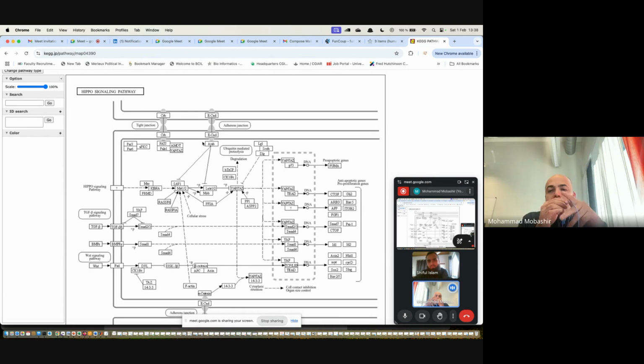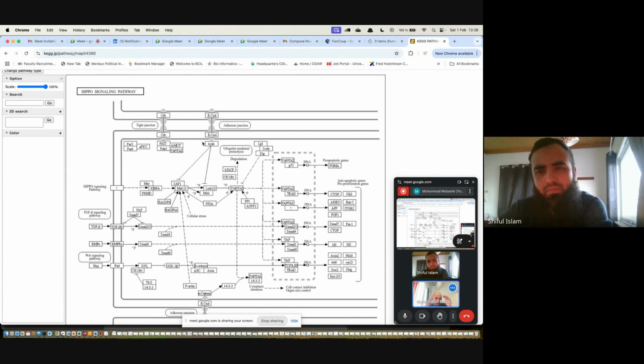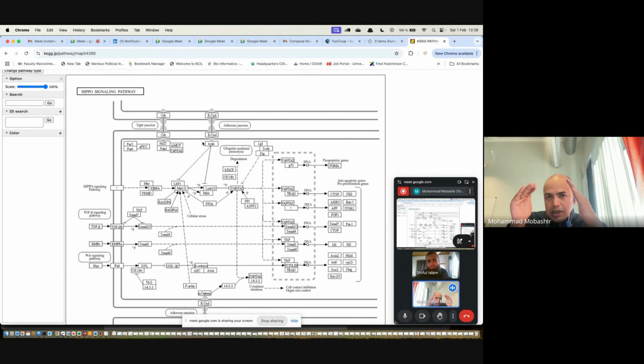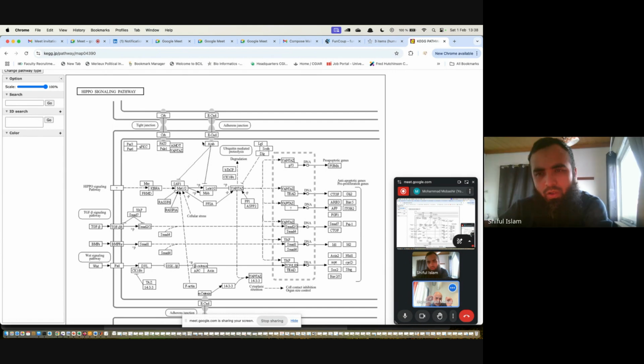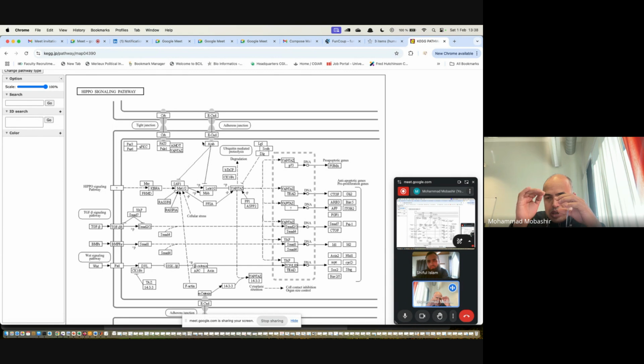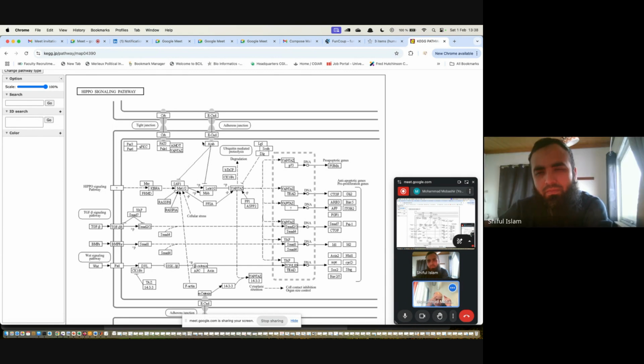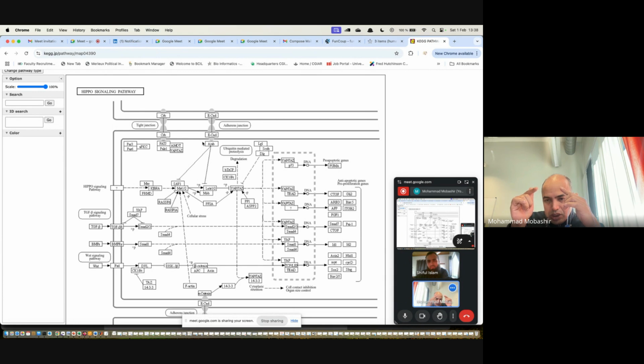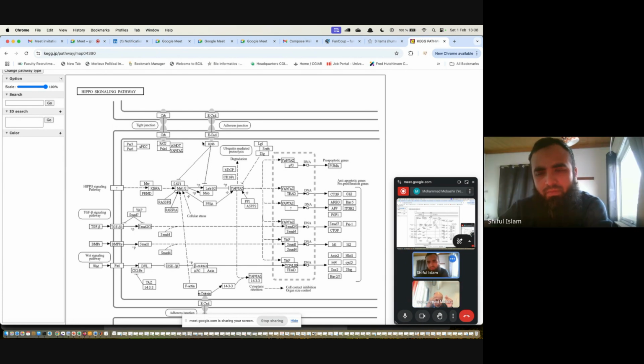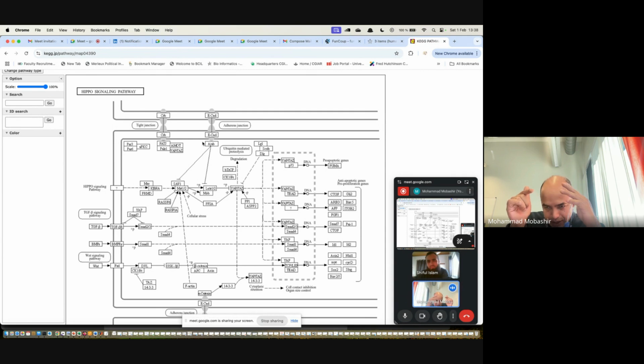Now, the third thing, other than mutation and gene expression, is epigenetic regulation. These days, a large number of researchers are also analyzing epigenetics data. One data type is called DNA methylation. Another is called ChIP-seq data. The third is called ATAC-seq data.